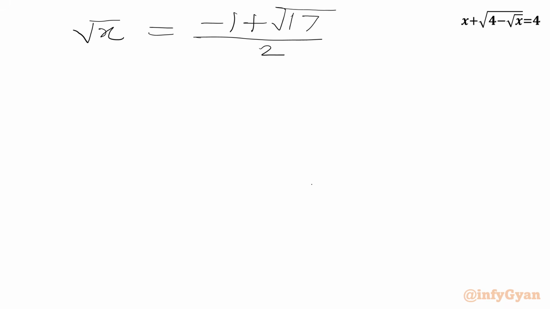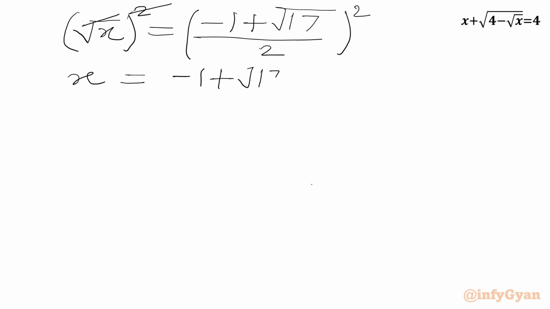Now we'll be squaring both sides. So we'll put the square in LHS and in RHS. Square root and square will cancel out. We will get the x value as per our requirement. We'll write minus 1 plus square root 17 whole square over 2 whole square.